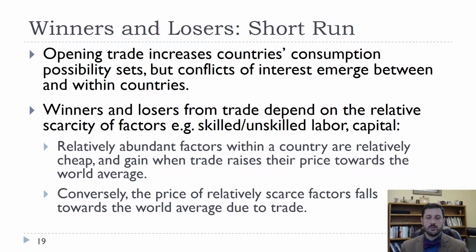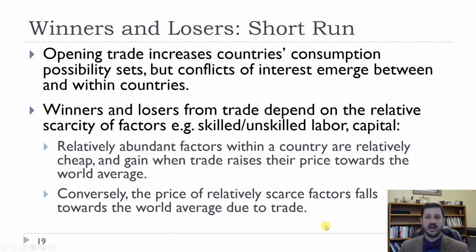And so when we think about the winners and losers, what we want to think about is the relative factors of production between two countries. And so does a country have an abundance of a certain factor or a scarcity of a certain factor? And it's all relative, right? So we can think about a big country like the US trading with a smaller country like Belgium, or even a large country like the US trading with an even larger country, at least in terms of population, like China or India.